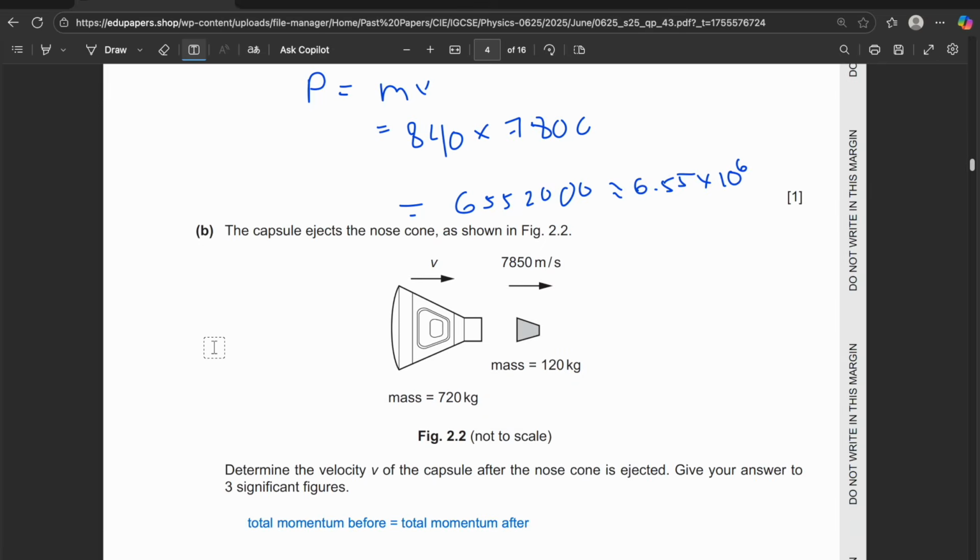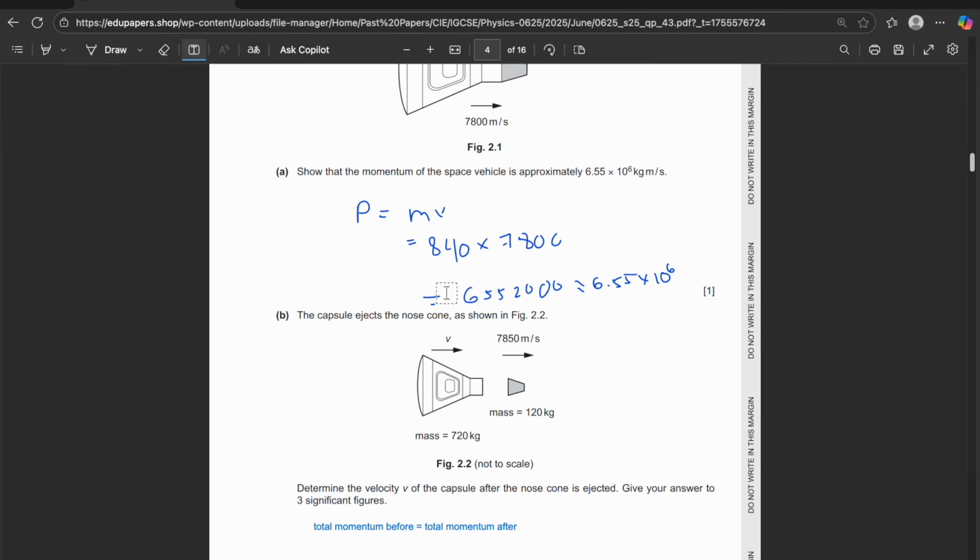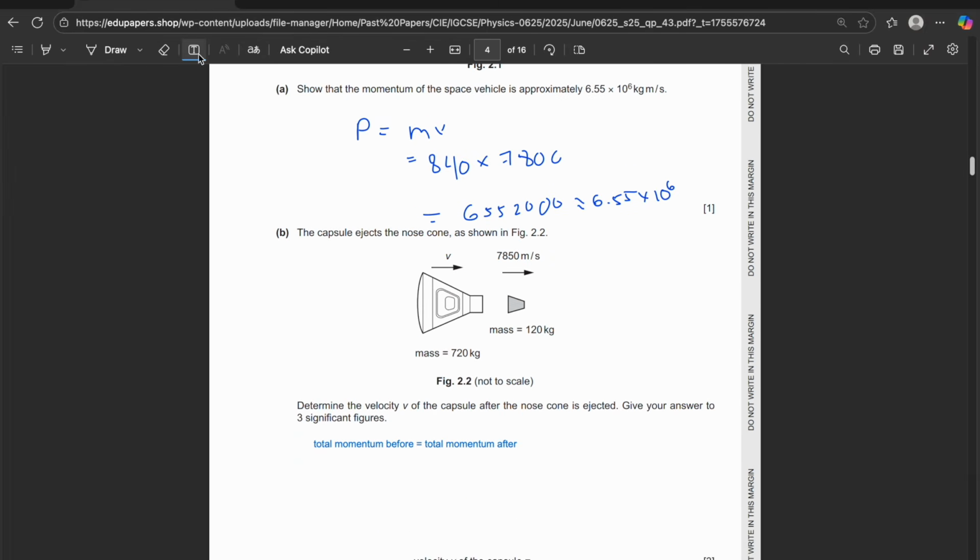So before is this much, right? 6.5 into 10 power 6. And for after, they are going in the same direction as well, so this will be positive.